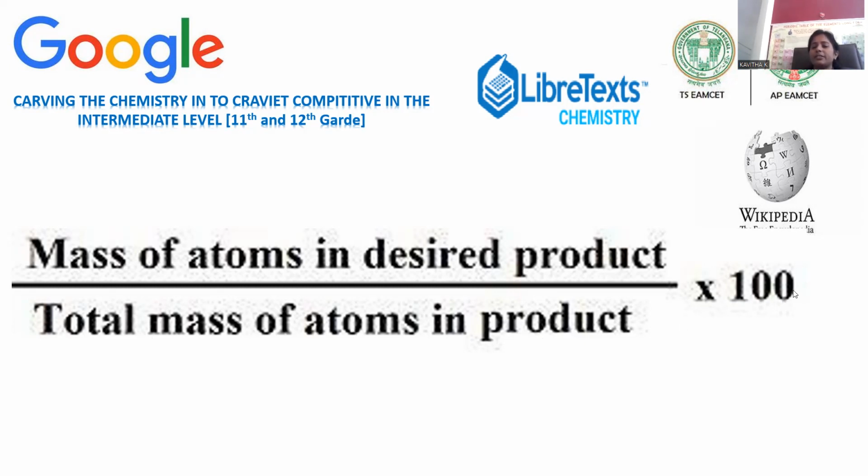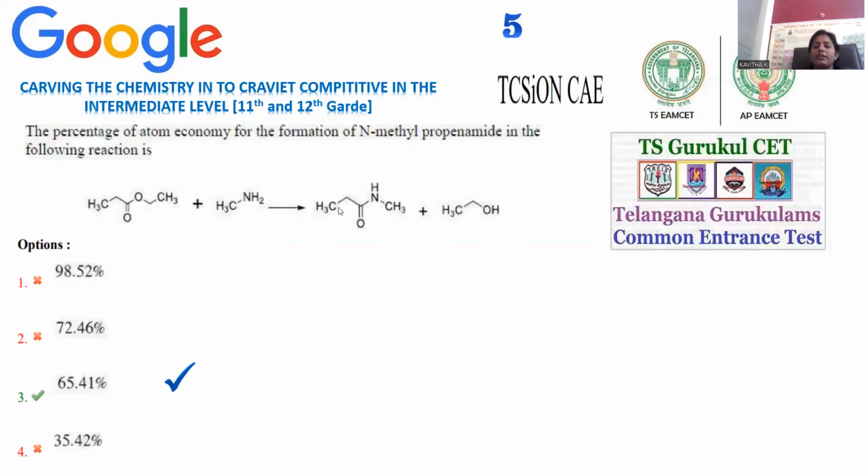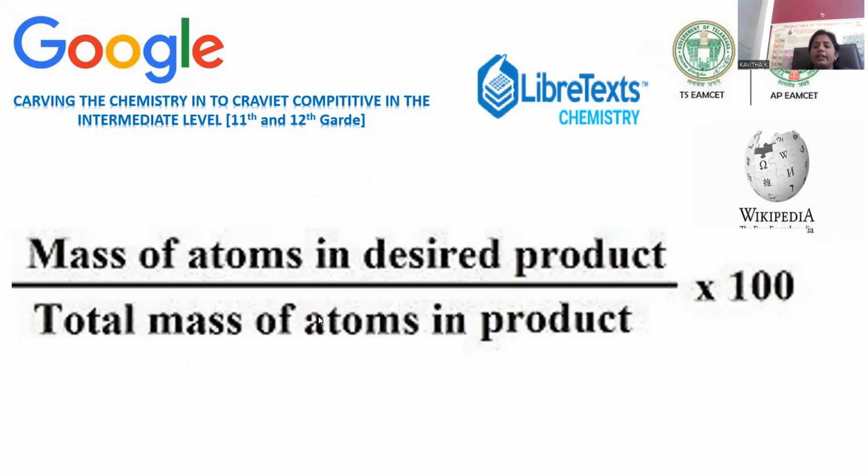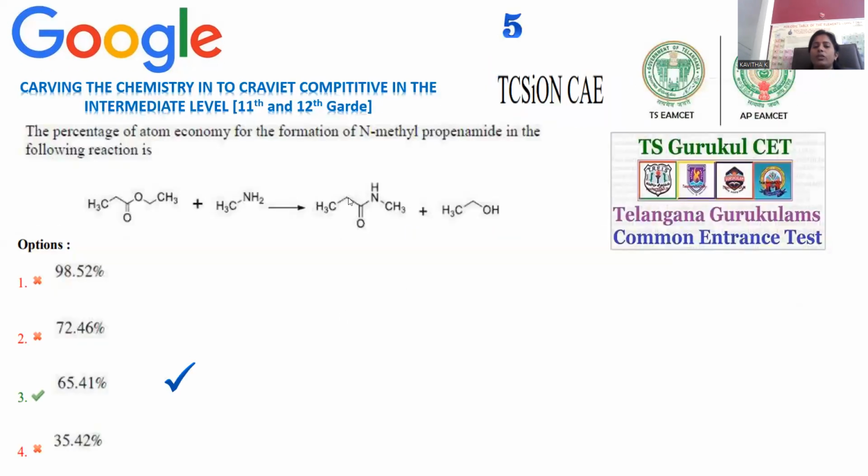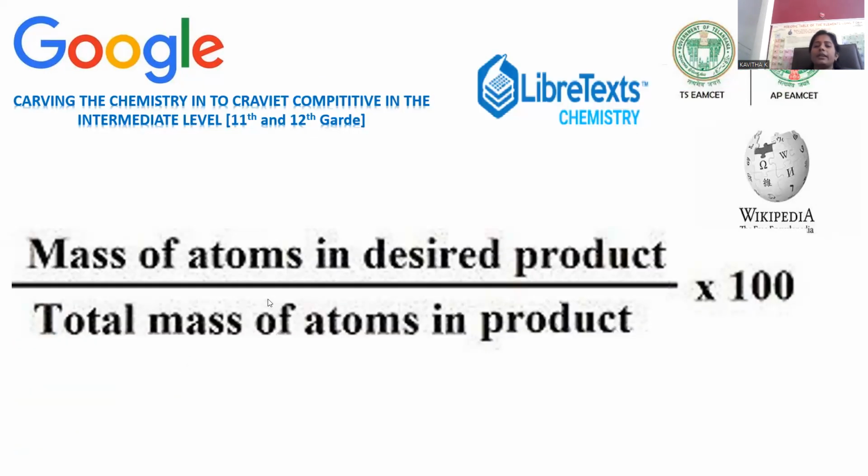Being a percentage, we need to multiply with 100. The expected product's mass is taken as the numerator, and the total mass of all products is taken as the denominator, and both are multiplied with 100.